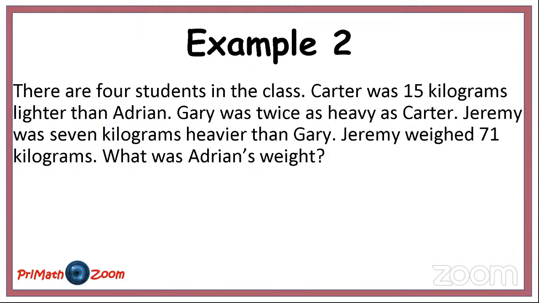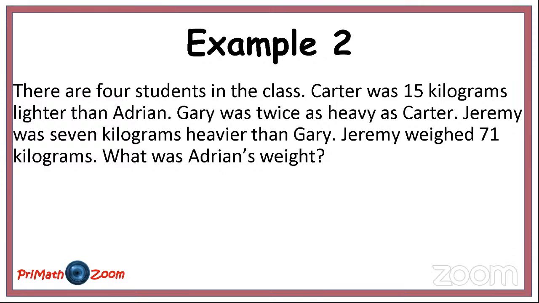Okay, I see Ashana FI says 71 kilograms take away 7 kilograms. And that is definitely correct. So we need to subtract from what Jeremy weighs to get what Gary weighs. So let us look at the relationship before. Jeremy was 7 kilograms heavier than Gary.